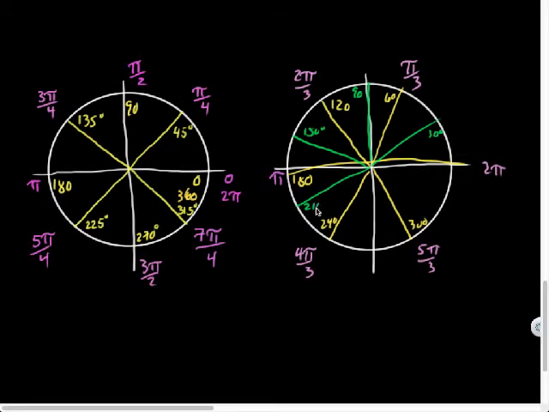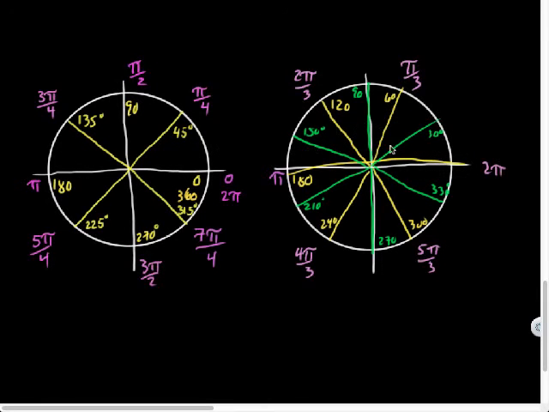That's going to be 210, 240, 270, 300, and 330, right? And then 360. Now we've already hit the 90 and the 180 and the 270 with these ones over here, so I won't repeat those.